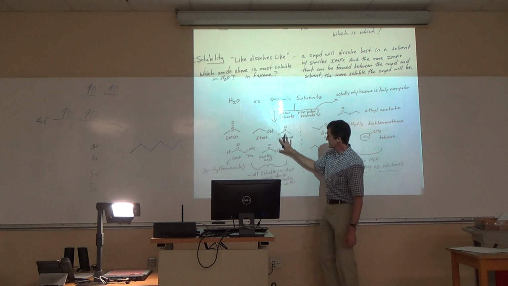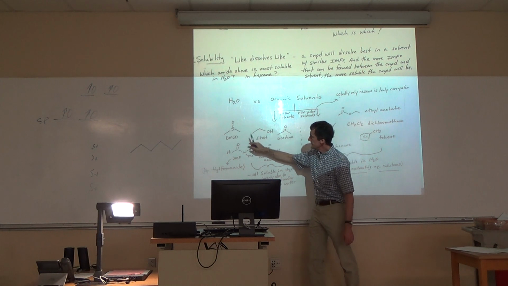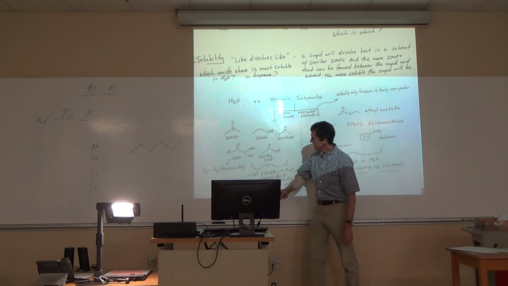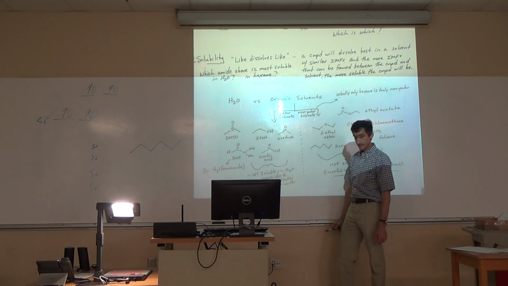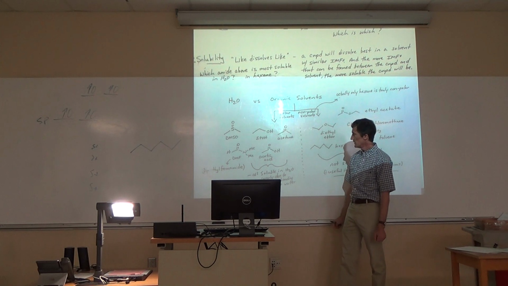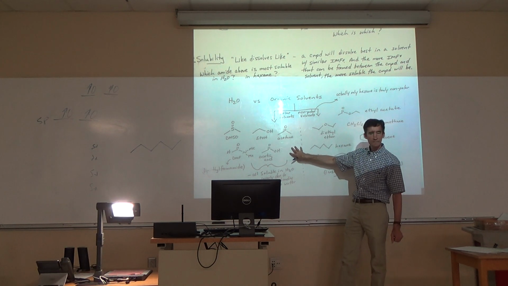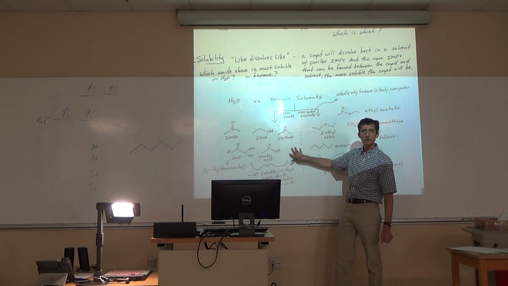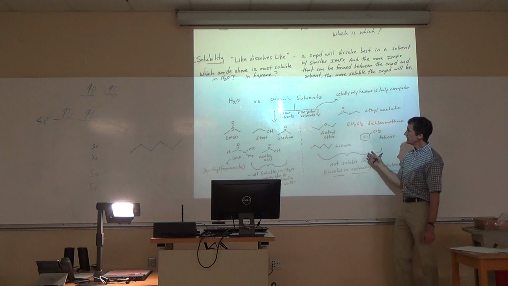So polar ones: acetone, we wash our glassware with, ethanol, DMSO, you can look that name up, DMF, acetic acid, can be used as a solvent. These are just a couple. You'll see others in lab. These are all polar because if you look for a permanent molecular dipole, you will find one in each of these.